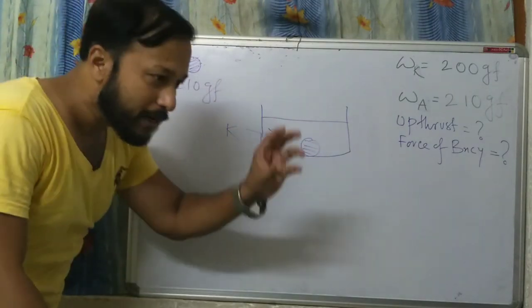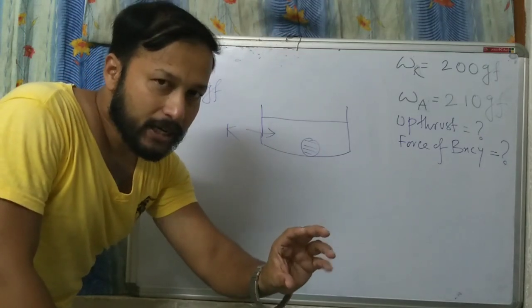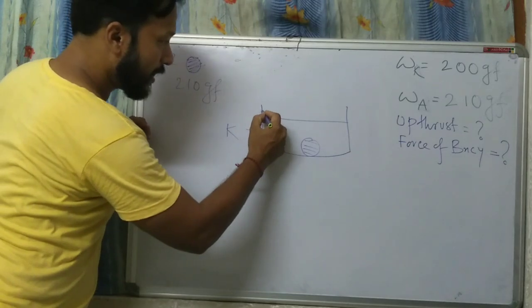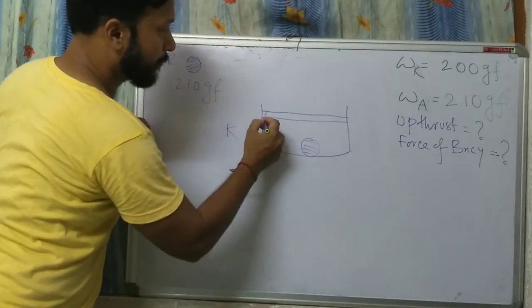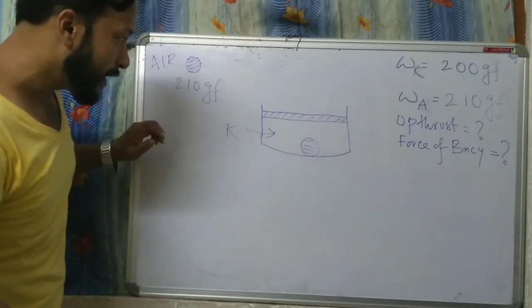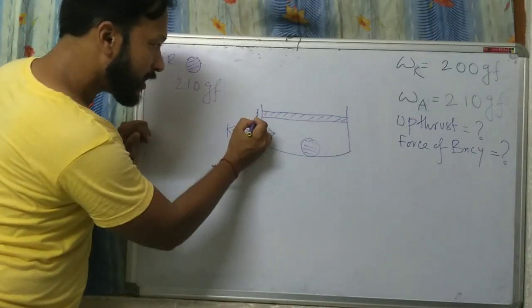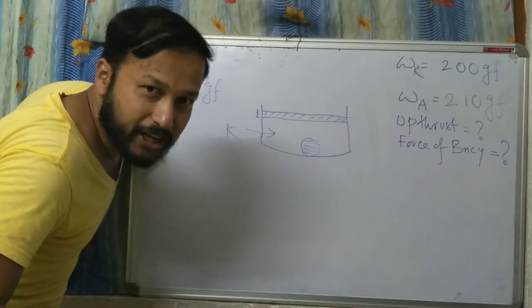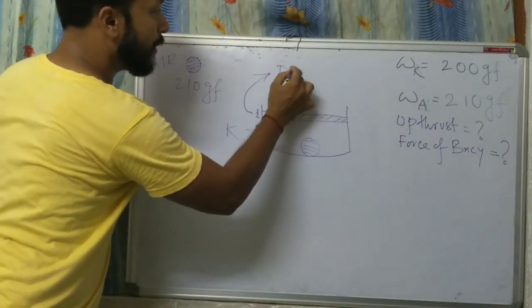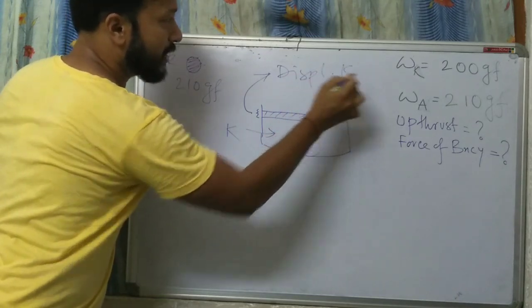When you immerse the object in kerosene, the level of kerosene will go up. Say now the level of kerosene is here. So we can say that this much is the displaced kerosene.